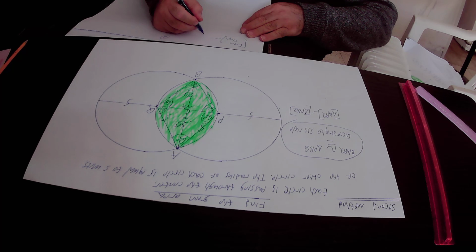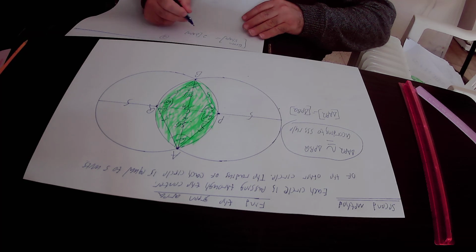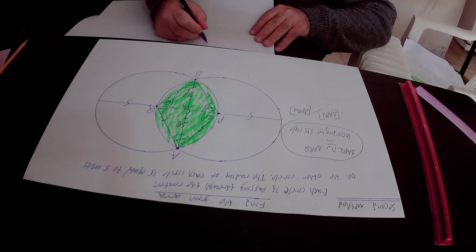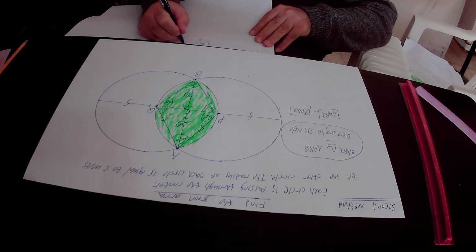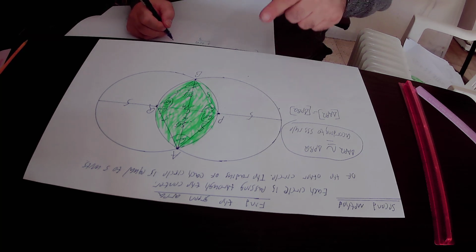equals 2 times the area of triangle APQ, that is 2 times 25 times square root of 3 over 4, plus 4 times the area of segment AP.